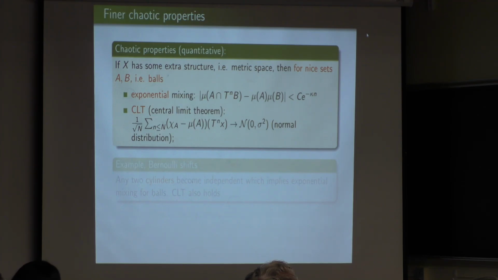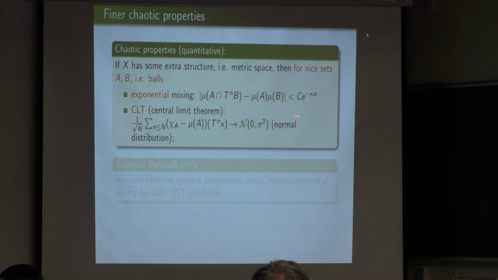Whenever you see rates, you can't have it for any sets. Mixing is an L2, abstract property. You can phrase it for any sets. Whereas if you want a rate, exponential is kind of the best one you can see, you need to restrict the family of sets you want to see it for.